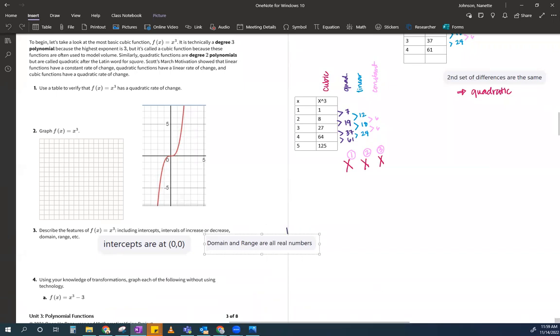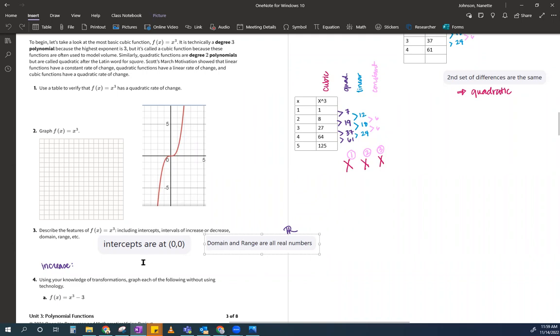Looks like that. Okay, intervals of increase and decrease we've kind of talked about before. So where is this function increasing? Whenever we say interval, you need a from to.